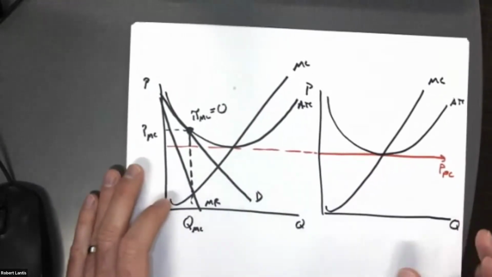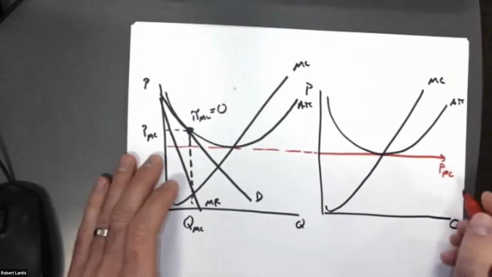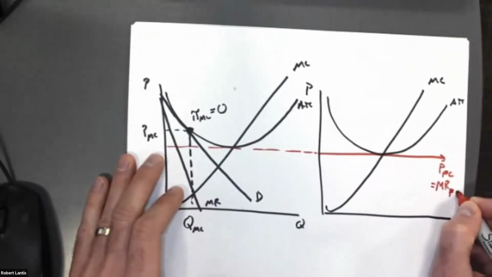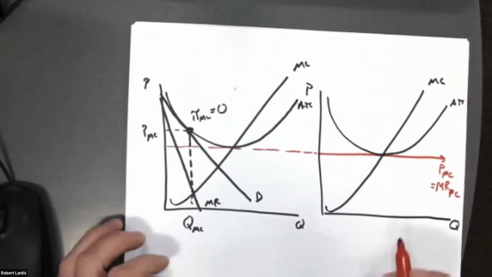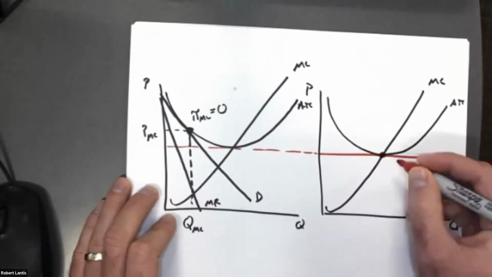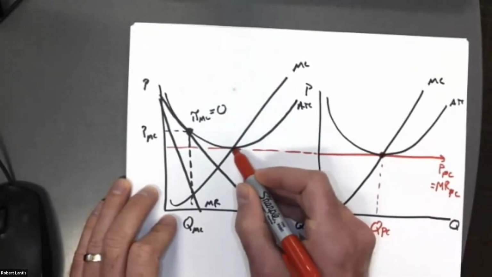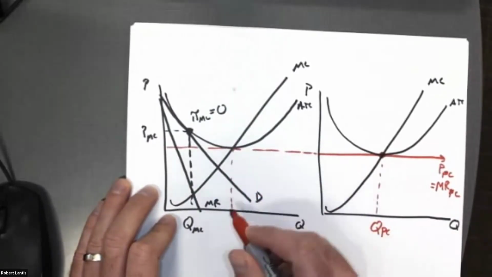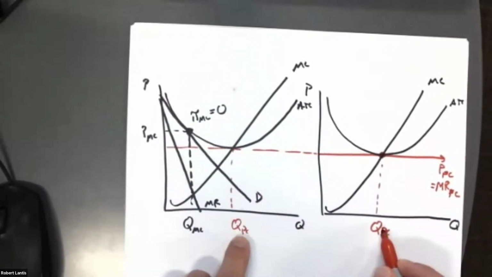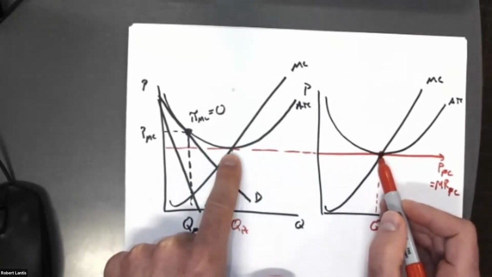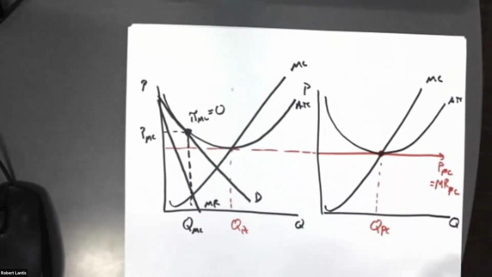So we know that for the perfectly competitive firms, that price is their marginal revenue. They would actually be choosing to be out here at that quantity where marginal revenue hits marginal cost, or the lowest possible point of the average total cost curve.